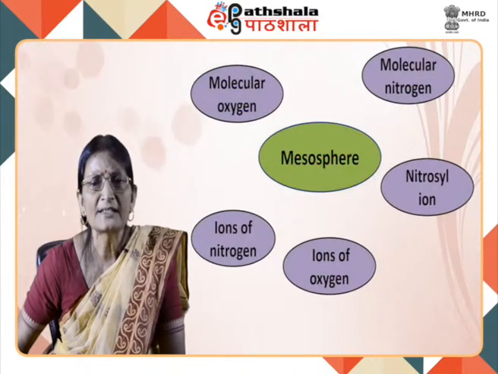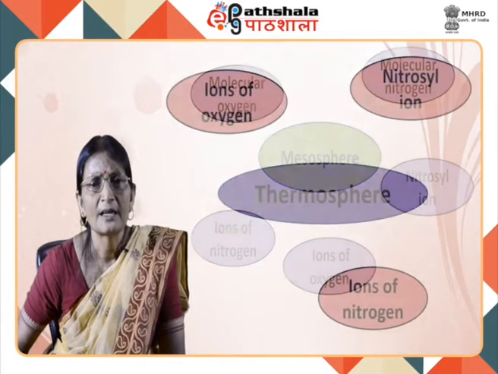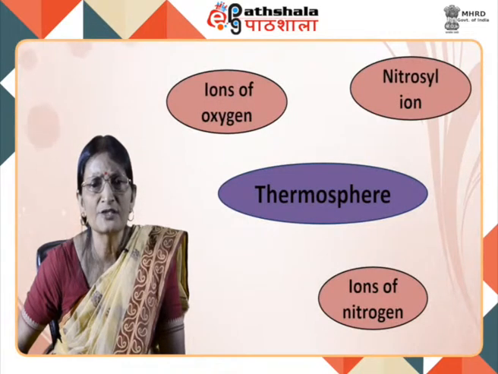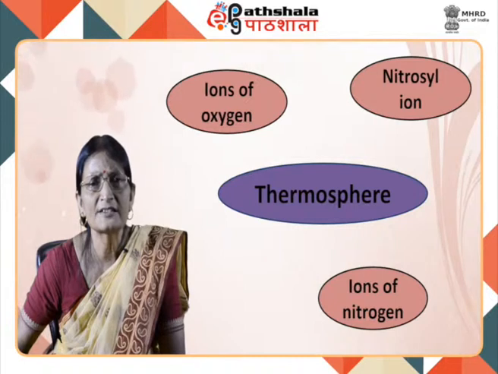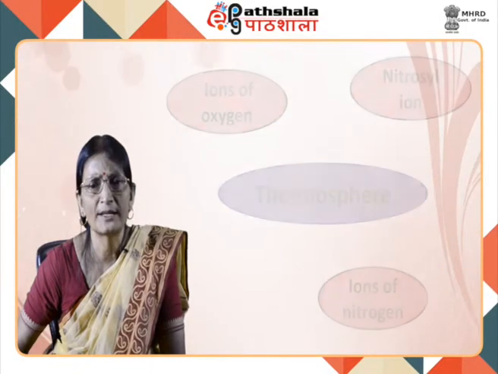And above that is the mesosphere, where in addition to molecular nitrogen and oxygen, there is also nitrosyl ion and nitrogen and oxygen molecule ions. And beyond that, in the thermosphere, there are again ions such as the oxygen molecule ion, the oxygen atomic ion, nitrosyl ion and the nitrogen molecule ion.